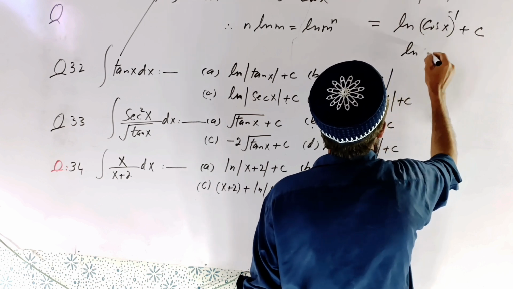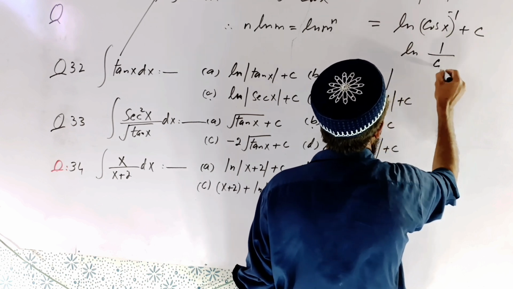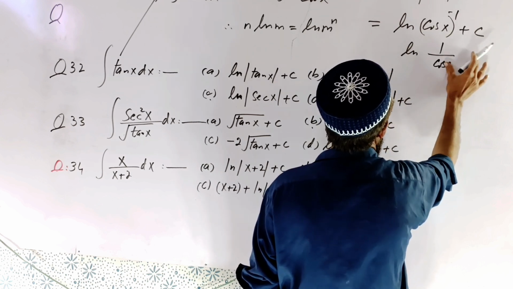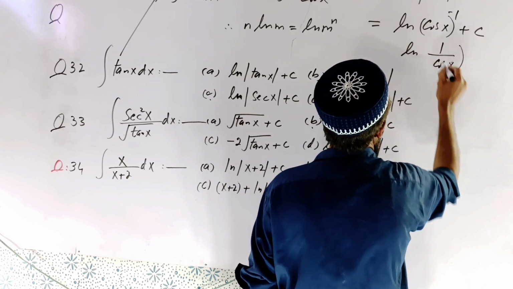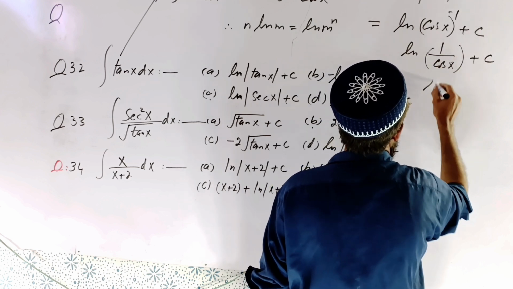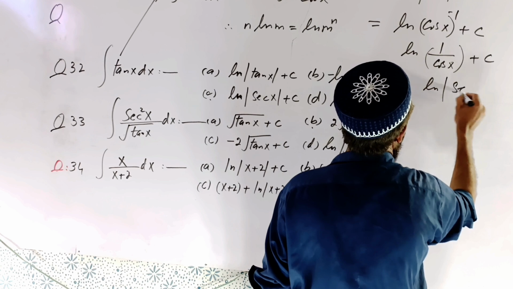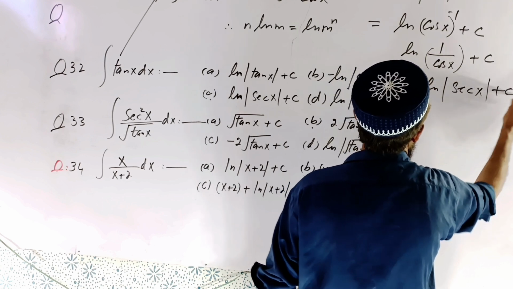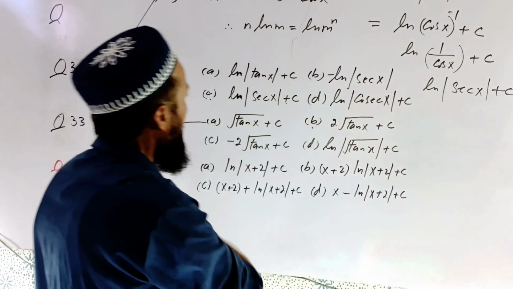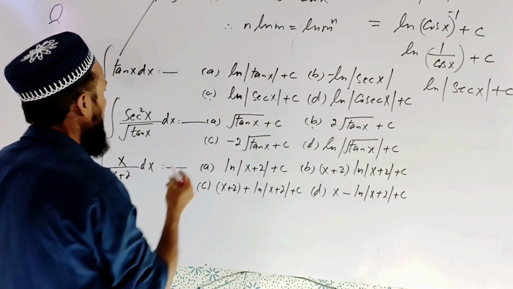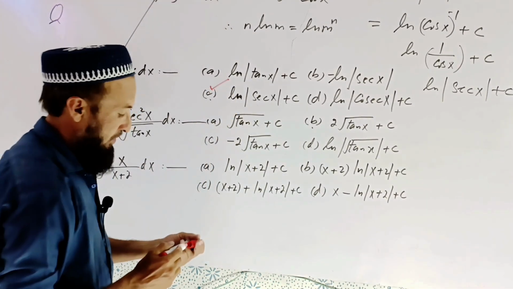So log of cos inverse, we change into positive, log of 1 over cos x plus c. So log of 1 over cos x is equal to log of secant x plus c. Now the correct option here is C.